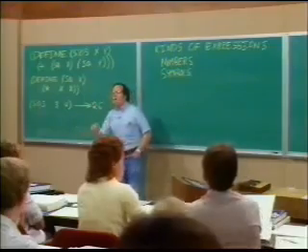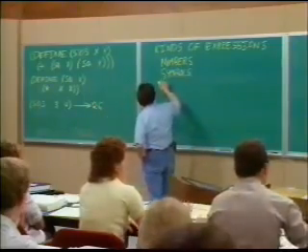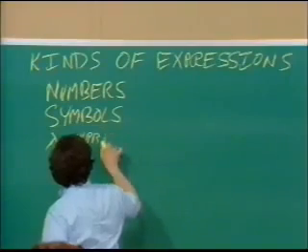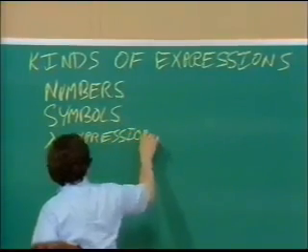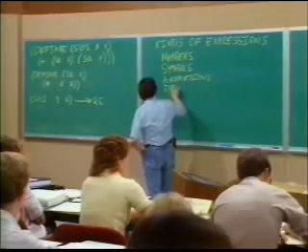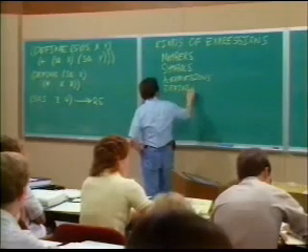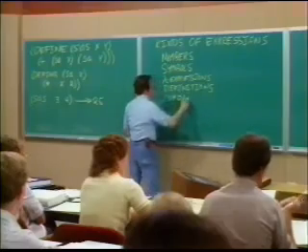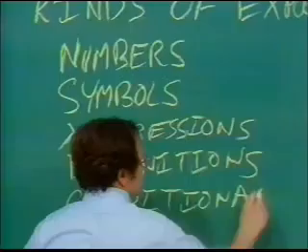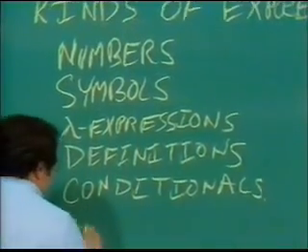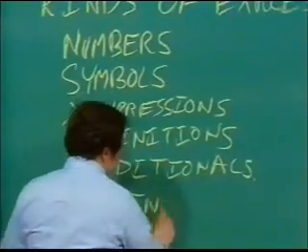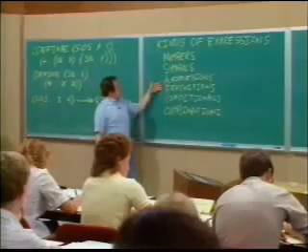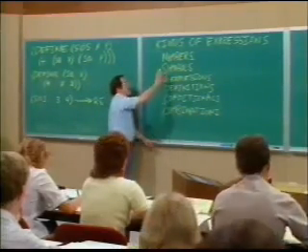We have seen things before like lambda expressions, but they're not here. I'm going to leave them out. Lambda expressions, we'll worry about them later. Things like definitions. Things like conditionals. And finally, things like combinations.